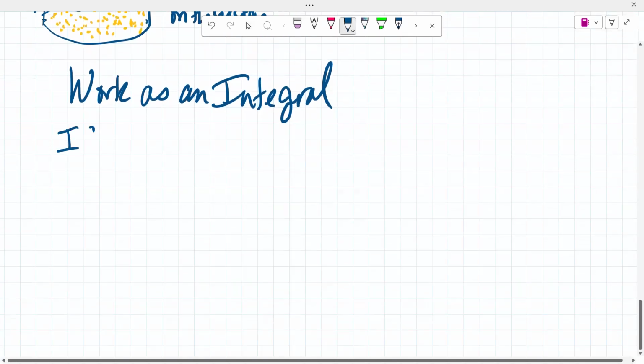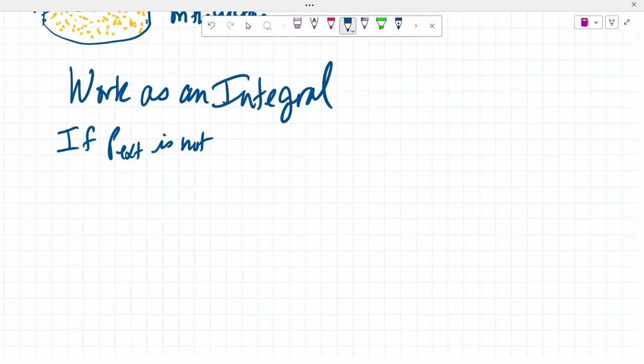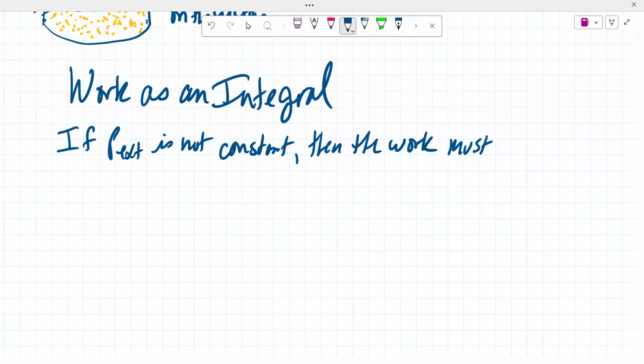If the external pressure is not constant, then the work must be evaluated as an integral.